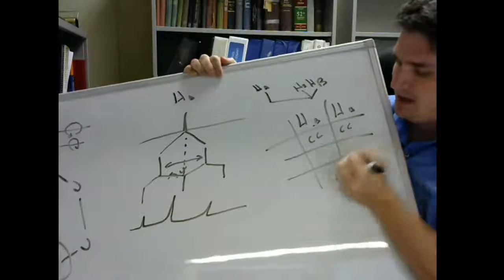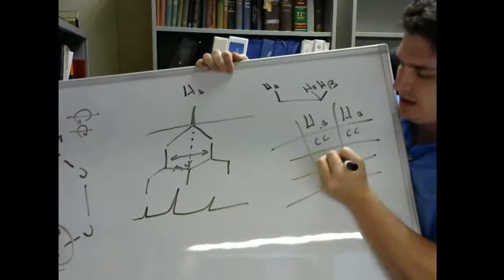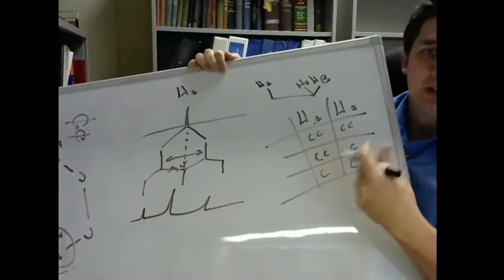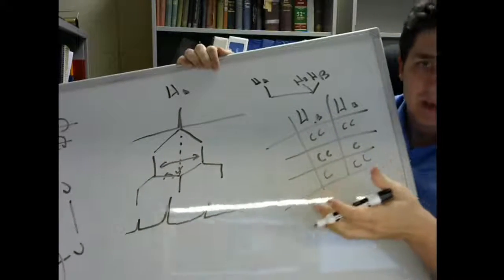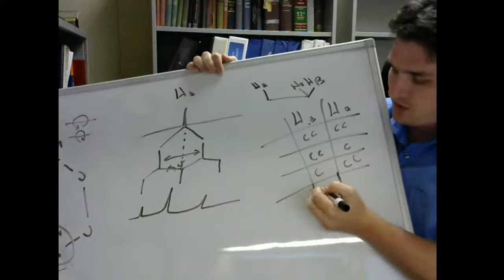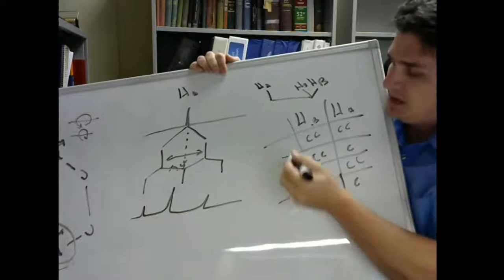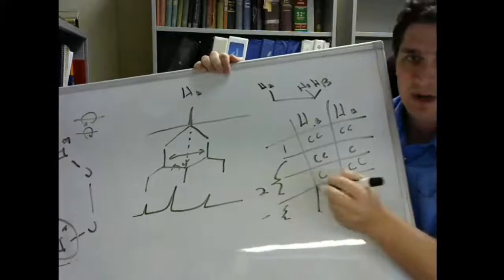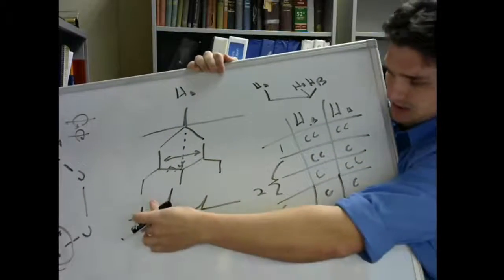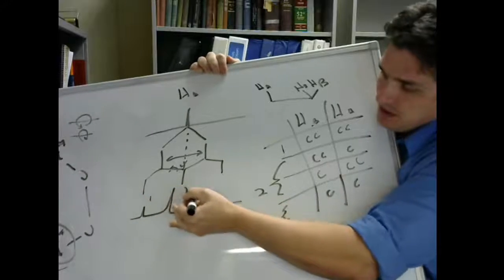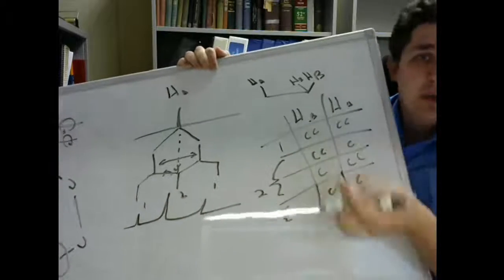We can have a combination where one is counterclockwise and one is clockwise, or one is clockwise and one is counterclockwise. So basically, we have two combinations where one is spinning clockwise and one counterclockwise, and we have one where they're both spinning clockwise. So we end up getting this 1 to 2 to 1 ratio in terms of probabilities. So we get a triplet, and the integrated areas are 1, 2, and 1. And we can keep up this pattern.